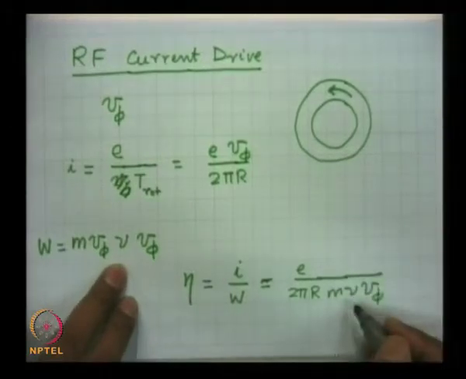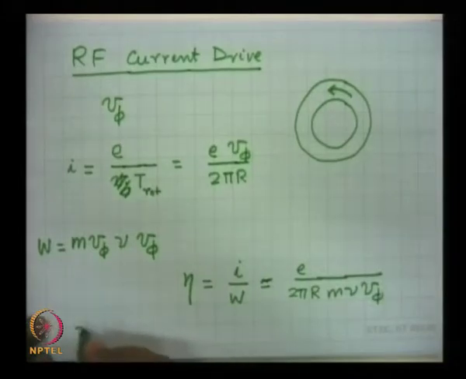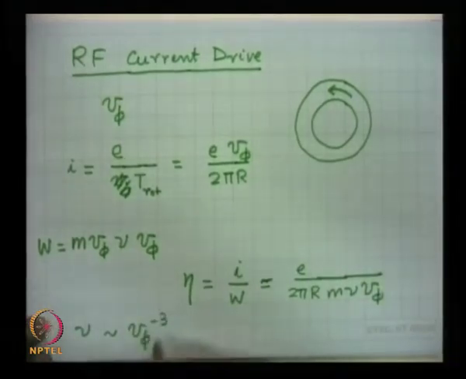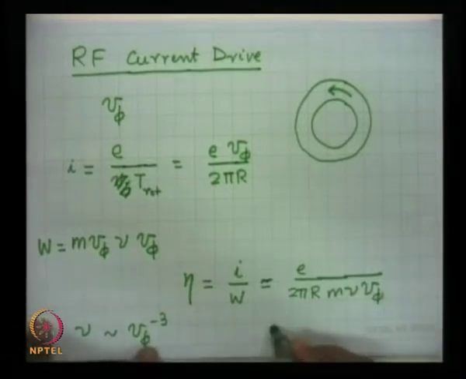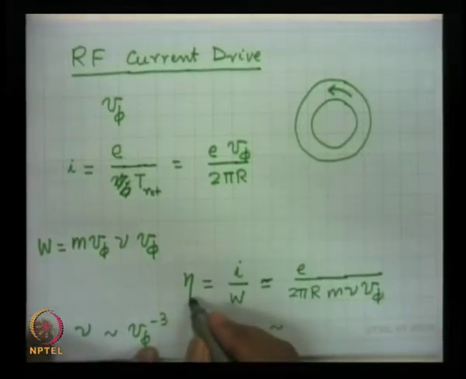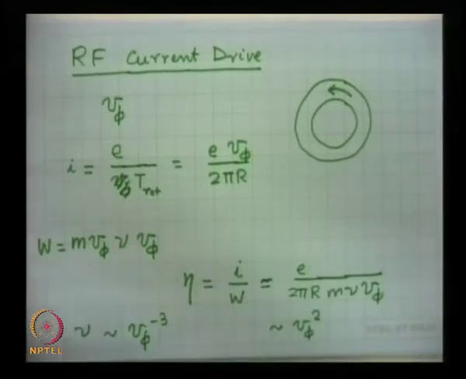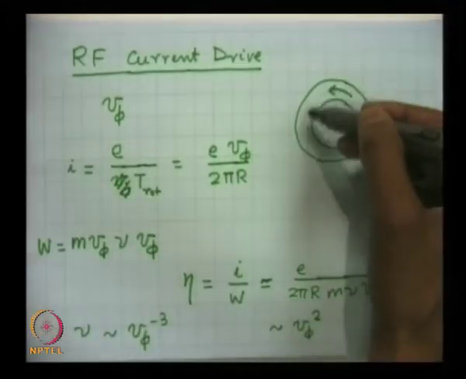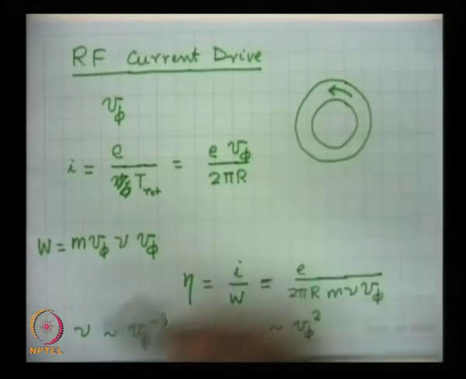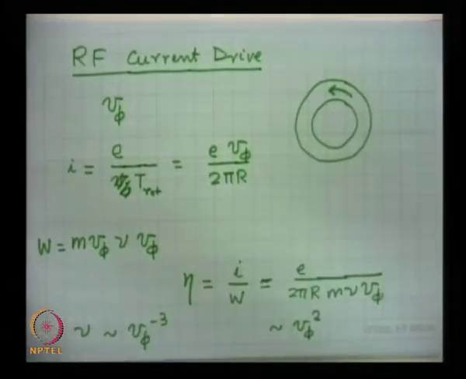Since nu goes as v phi to the power minus 3, hence this efficiency of current drive goes as v phi square. Hence, it is always preferable to have current driven by the fast electrons.